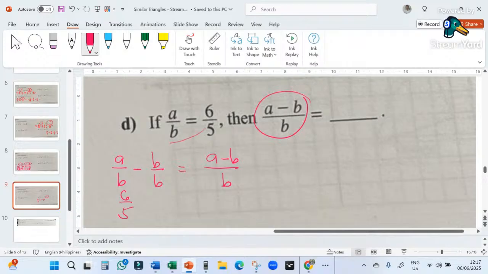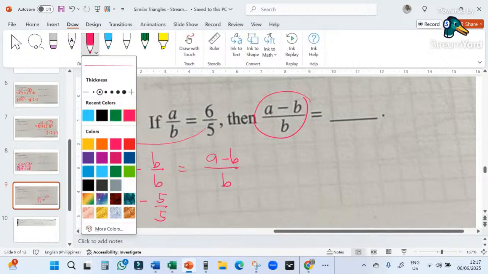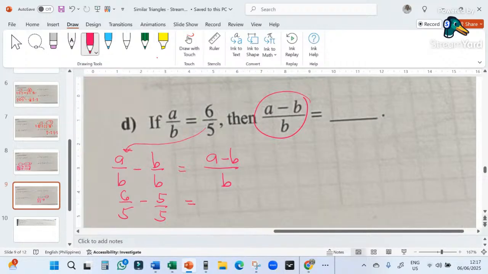We got it from here. Minus 1, because the denominator is 5, then that will be 5 over 5. Minus 1 is 5 over 5, equal to A minus B over B. Whatever the answer here, that will be the answer we're going to write here. So 6 minus 5 is 1 over 5. That is the answer.